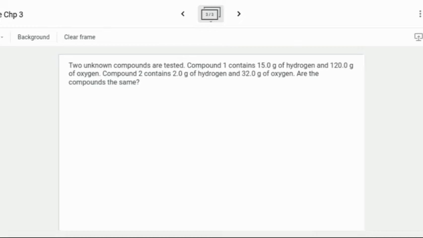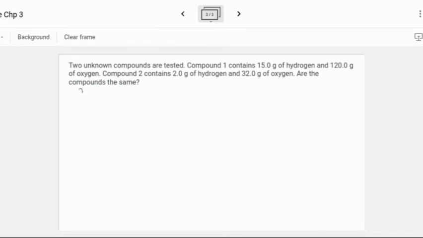So you want to figure out, first of all, are they the same? Can we tell right off the bat? What we would have to do first is to figure out the percent composition of them.